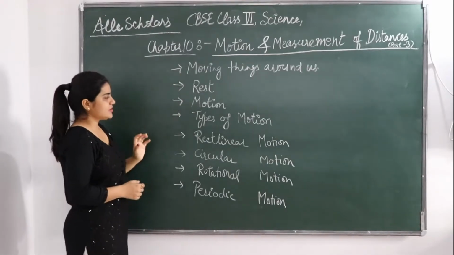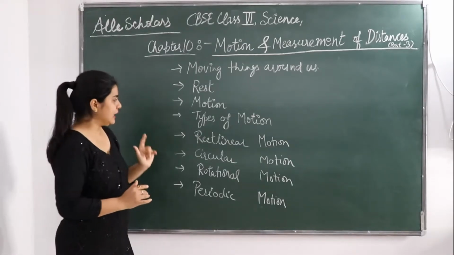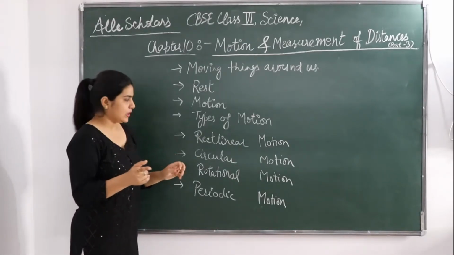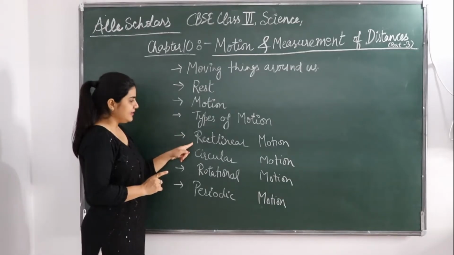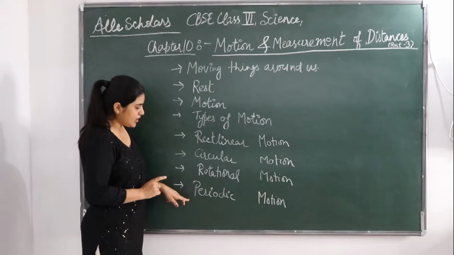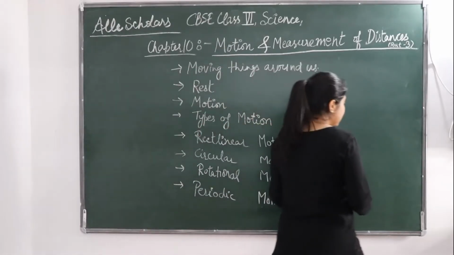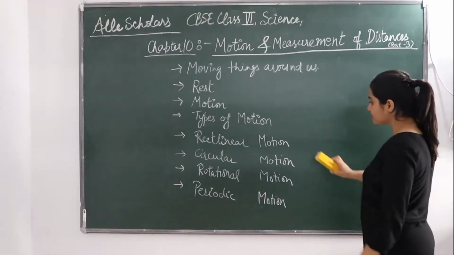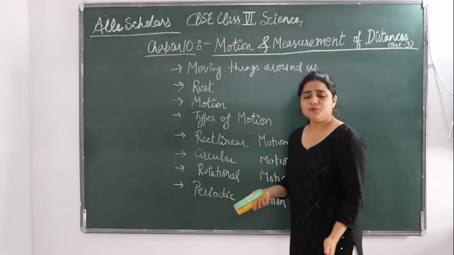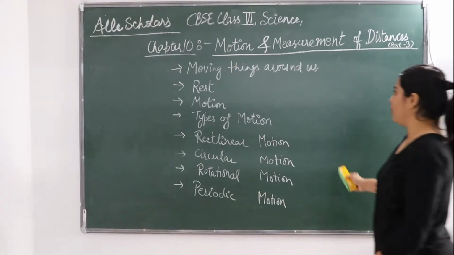Then we will see the types of motion, in which we will mainly focus on rectilinear motion, circular motion, rotational motion and periodic motion. So basically these four types of motions are there. There are subdivisions of some of the motions also. We shall be discussing all of those.